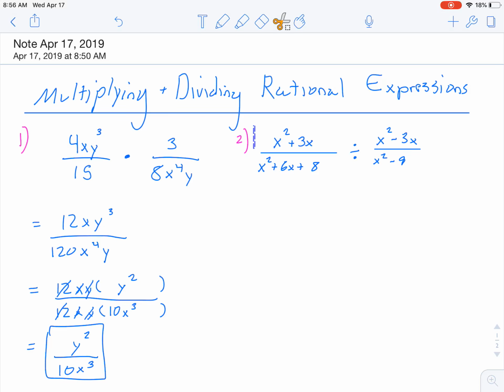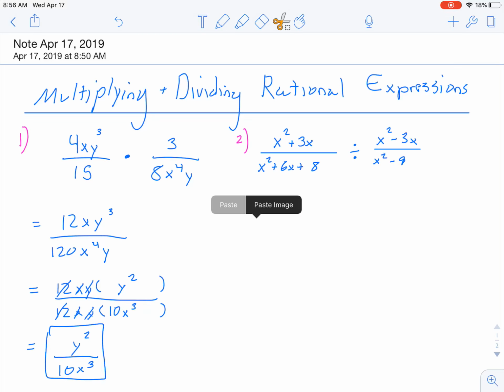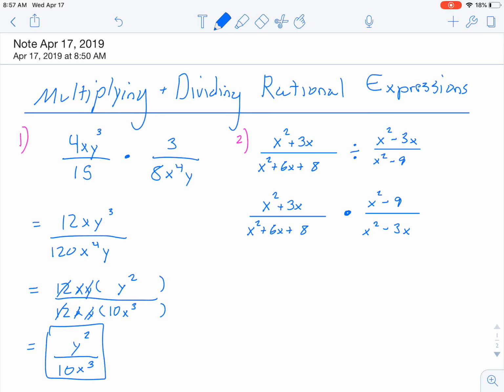So we'll copy the first fraction, dot, and now we'll take the reciprocal of the second fraction. So x squared minus 9 up top, x squared minus 3x in the denominator. So I copy dot flopped.